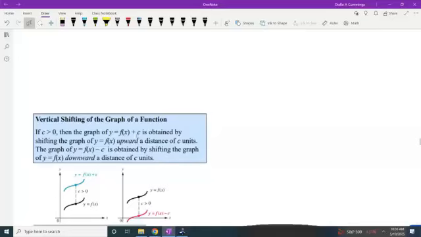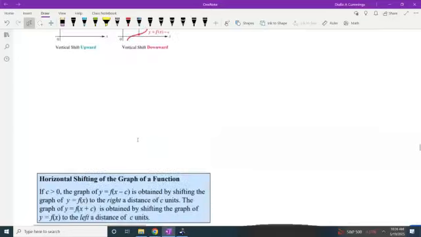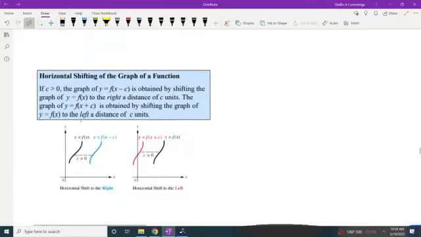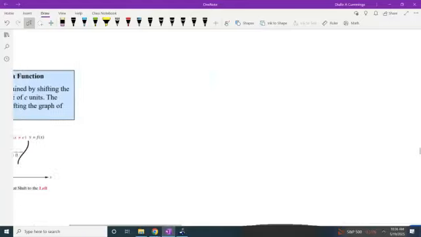The c is not just tacked on to the end. We're going to see all of this stuff with real numbers. If you want to shift a graph to the left, you simply have to add a constant within the function. All right, so here's to summarize all of this stuff up.